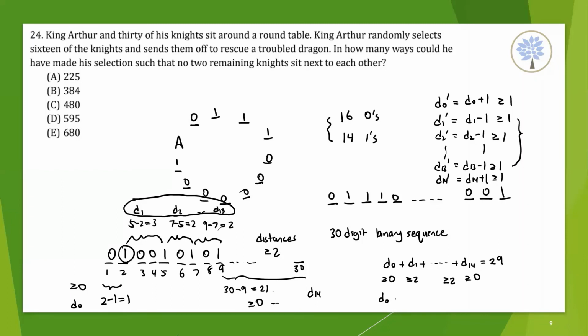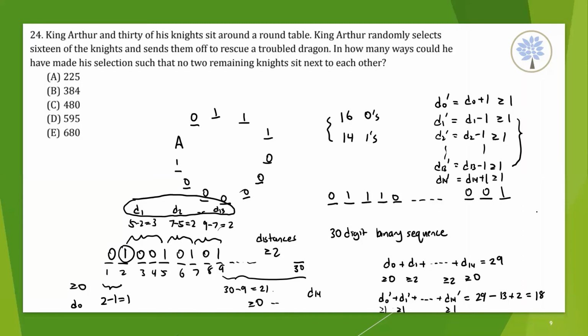So our new numbers, d0 prime plus d1 prime plus dot dot dot plus d14 prime, must sum to 29 minus 13, since we're subtracting 13 ones, and then plus 2. So this is going to give us a sum of 18. Now we can apply stars and bars. All of these things are greater than or equal to 1.